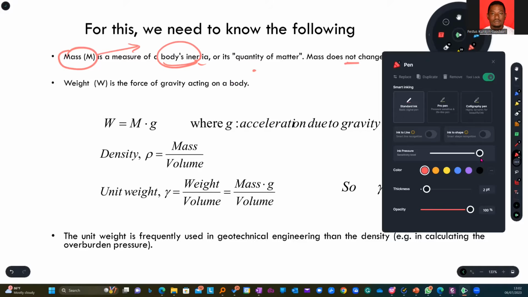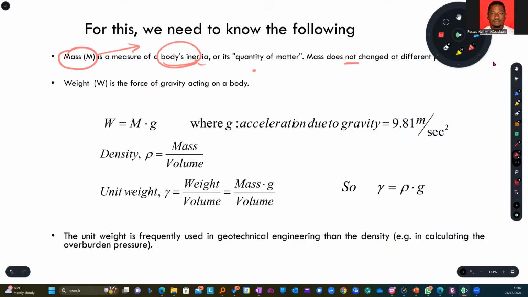And so from just these two definitions we have discussed earlier, I need mass, and when I multiply that by gravity, I get what we term the weight of any given sample, a given rock sample or a given soil sample.